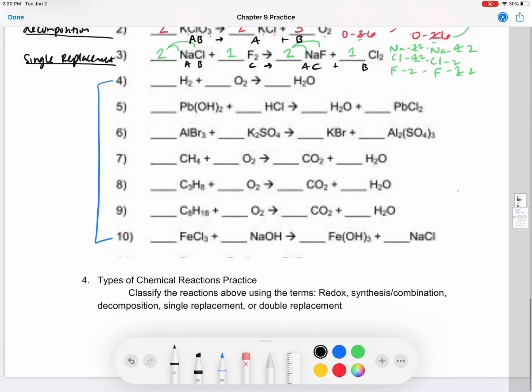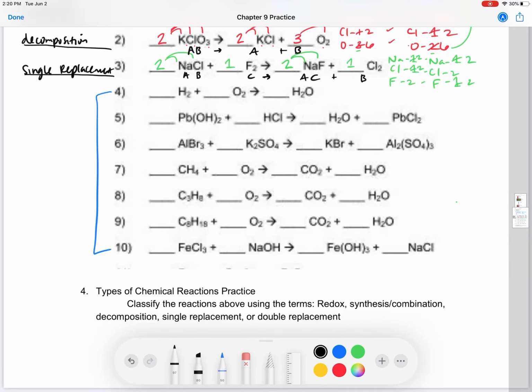Now, when I was in your shoes having to identify equations, I always started with synthesis combination first. I looked for it, is it this? Okay, if it's not, well, is it decomp? Okay, is it not? Then I looked for single replacement, double replacement, and the last is if it's not 1 through 4, it's probably a redox equation because you can't see the electrons moving around.